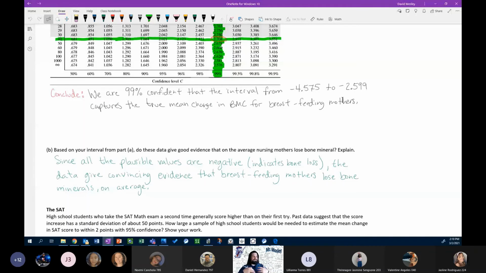And so that's how this interval supports that claim. There's no plausible value that says that there isn't bone loss. So we have really strong evidence to say that on average there is.